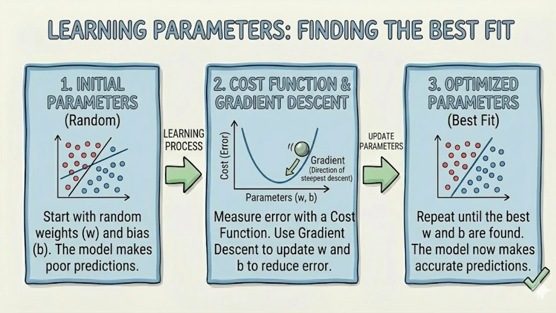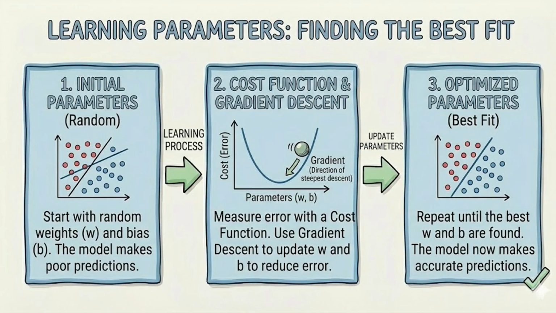We start with random weights, multiple W's and bias, and assign random values to them. Once you predict, you can see on the left-hand side that the model initially makes very poor predictions, because the weights we have chosen are random.